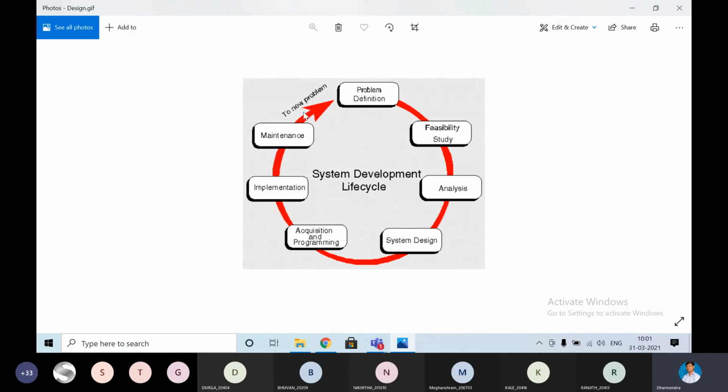So observe here, if there are any problems in the maintenance mode or development, it will go back to the problem definition again. If any problems are there, they will go through all these systems and try to solve the problem.